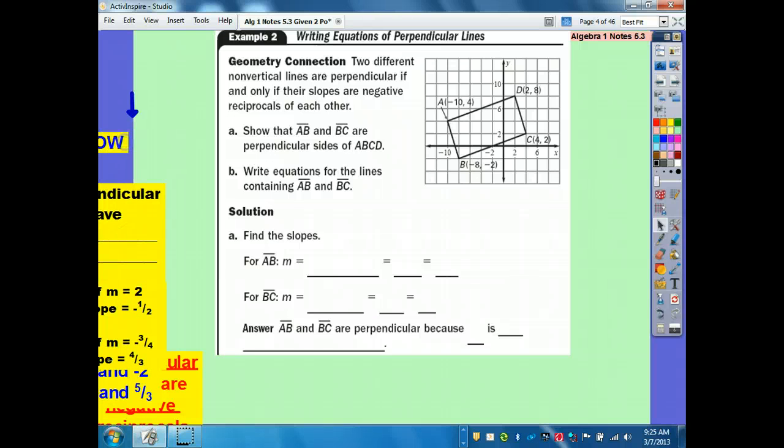All this I moved it over for a reason. Two different non-vertical lines are perpendicular if and only if their slopes are, we talked about this yesterday, right? Negative reciprocals. So if m were to equal 2, what would the parallel slope be to that line? 2.